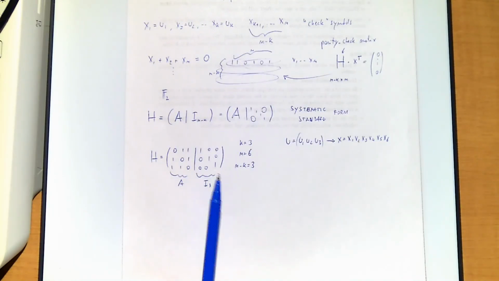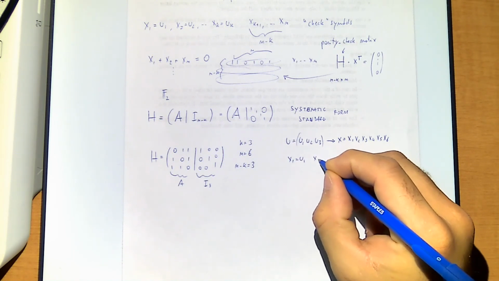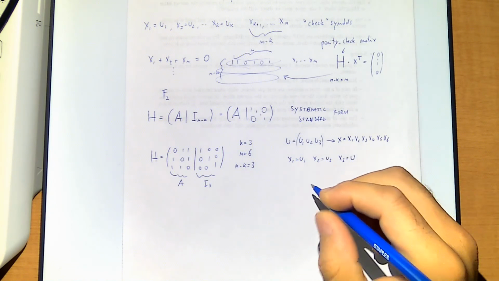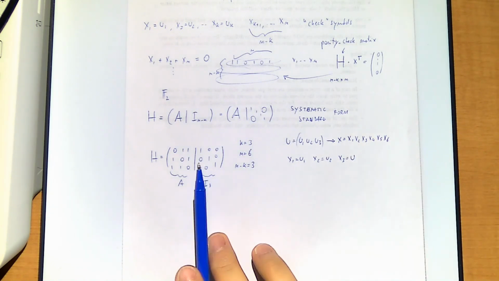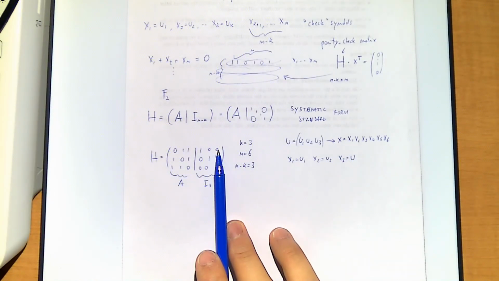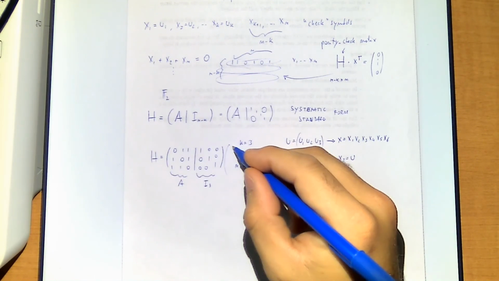But this is it already. So if you have a message U1, U2, U3, that has to go into a code word X1, X2, X3, then you set the first three equal to the original ones. And then X4, X5, X6 will be determined exactly by this. So you take this vector and multiply with each row. Technically you're transposing it because the matrix-vector multiplication happens like this, right?